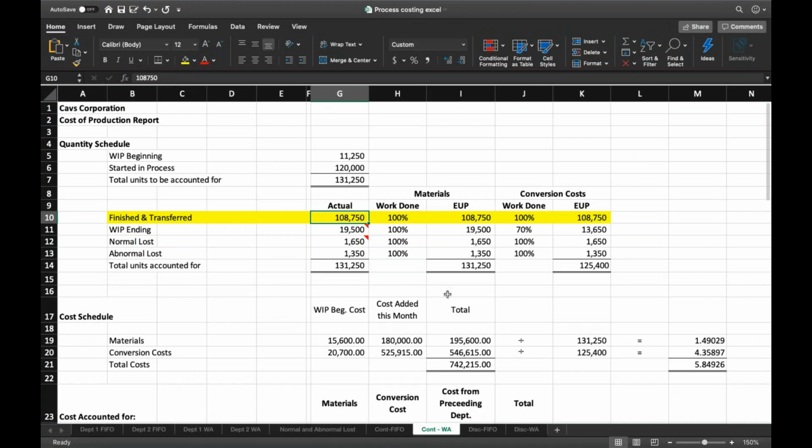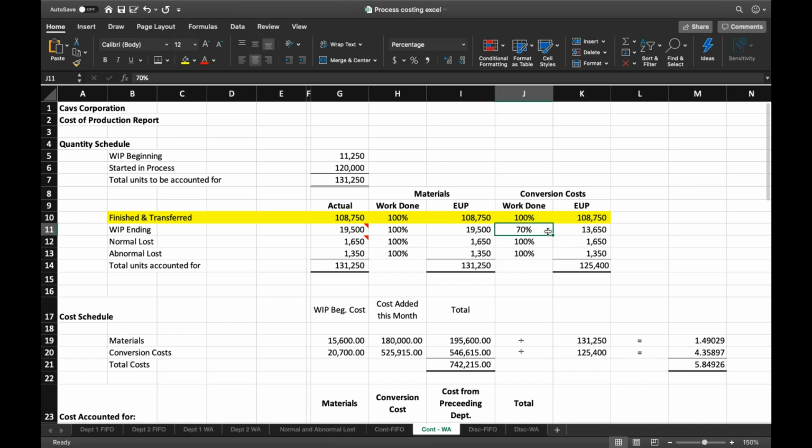So pagka weighted average, walang beginning work in process, we will assume na 100% done, including yung work in process beginning. So 100%, 100%. Work in process ending in terms of materials is 100%. Why? Because material is added at the beginning of the process, so 100%.